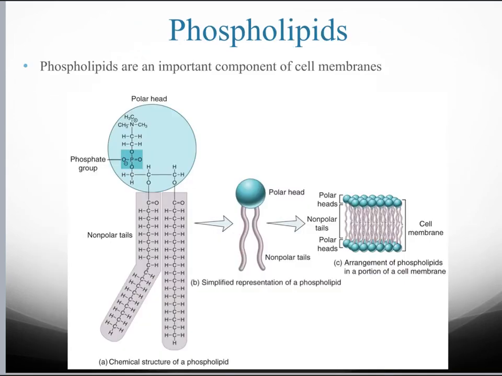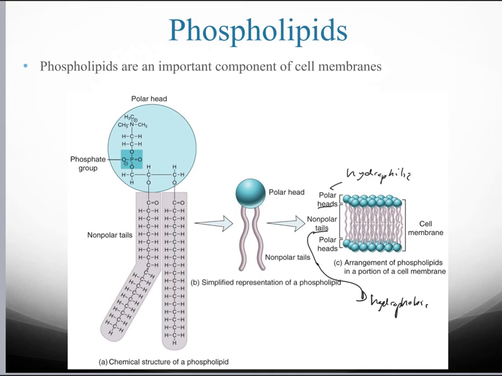Let's look at the phospholipid portion of our cell membrane. We already said that the polar head is hydrophilic, and we said our nonpolar tails were hydrophobic. Now, we're not going to go too much into detail with how these are arranged with all the carbon chains, but phospholipids are an important component of the cell membrane.